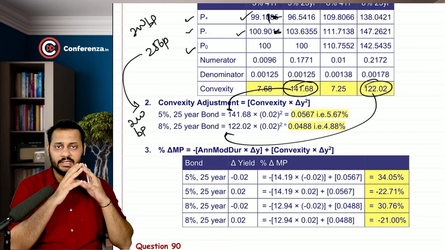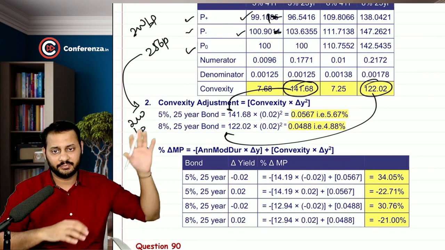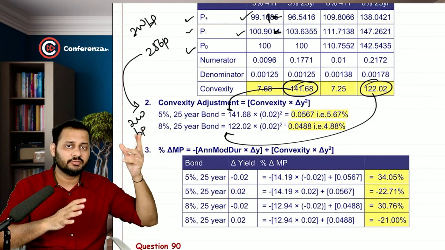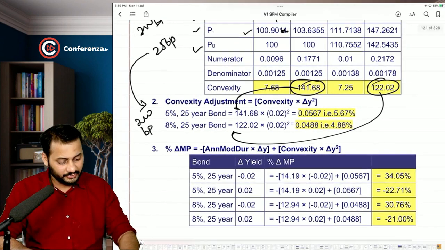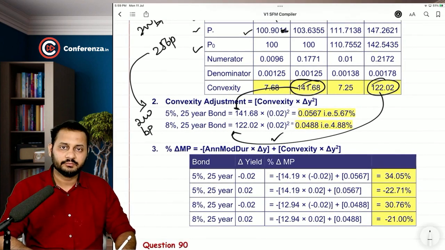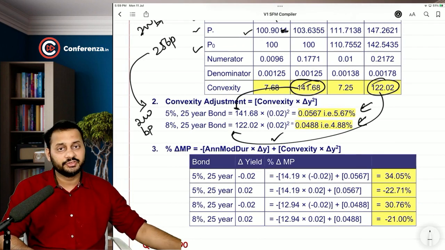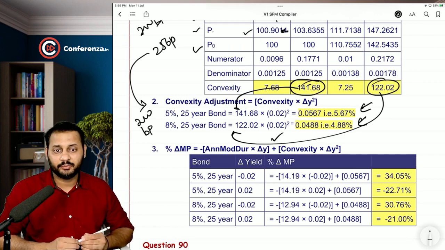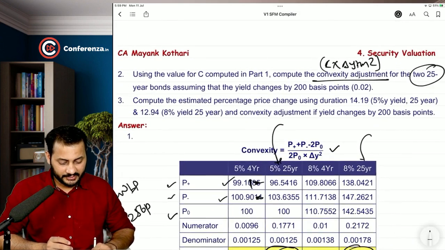Nevertheless, in the exam, if this situation comes, you have to do exactly what has been done here. They said use the values of part 1, we will use the values of part 1 and then put 0.02 squared here. And this is going to be the change in the market price. 5.67% and 4.88%. 200 basis point shock.